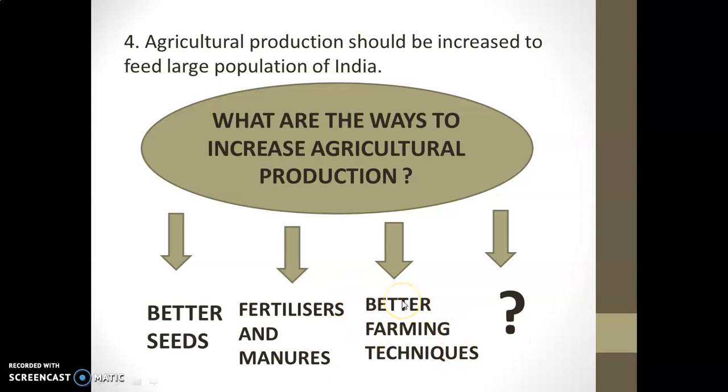And multiple cropping is that we can grow 2 or more crops in agricultural fields. Suppose if we are growing rice, along with rice we can grow pulses also.